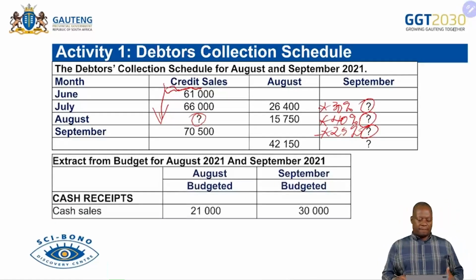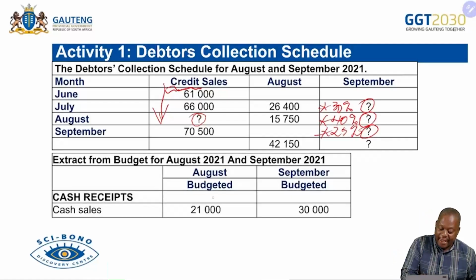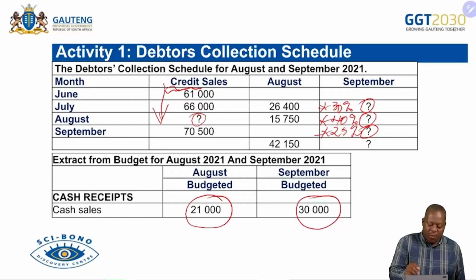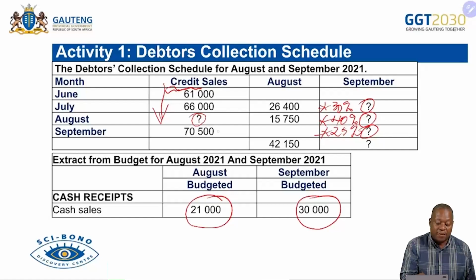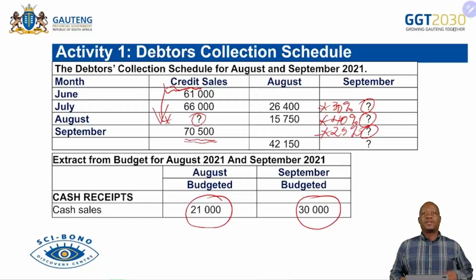The first thing, they are saying there is an extract from our cash budget. And our cash budget is showing us cash sales for August and for September. Remember, we are not worried about the credit sales for September because it's given. But we are worried about the credit sales for the month of August. How much is it?